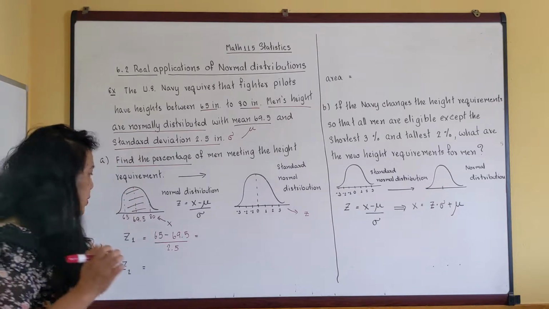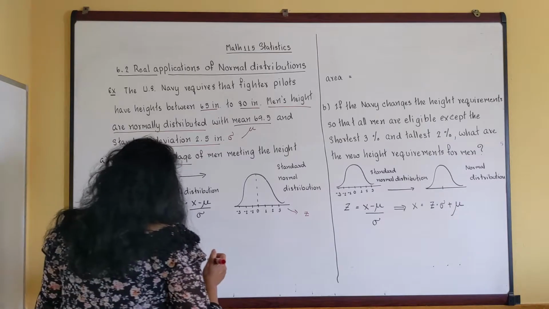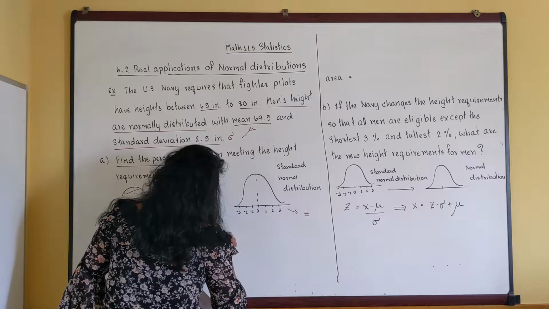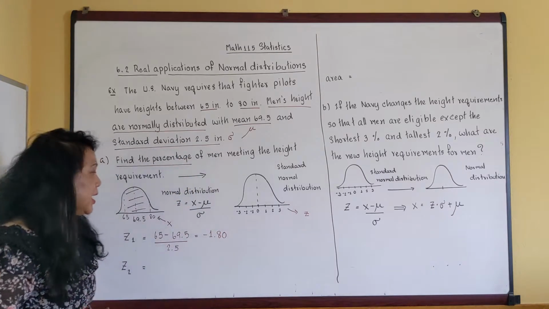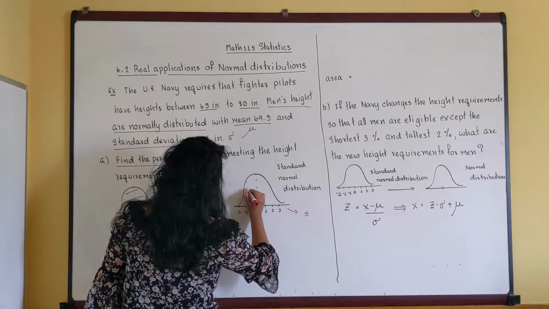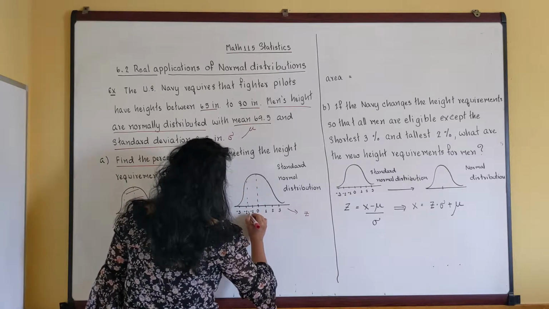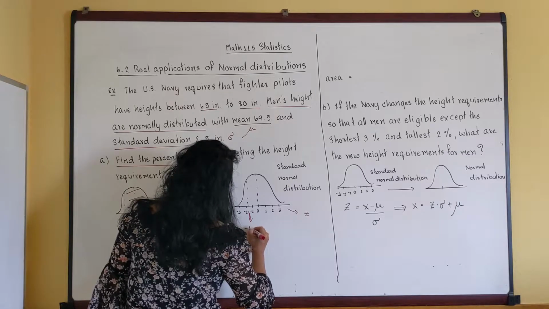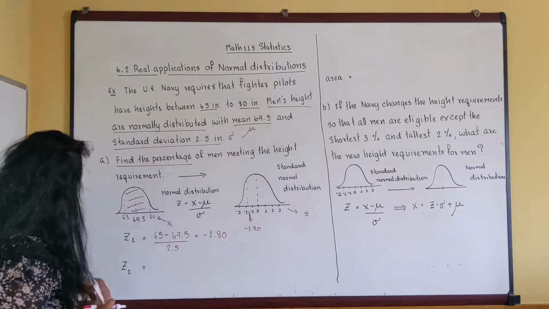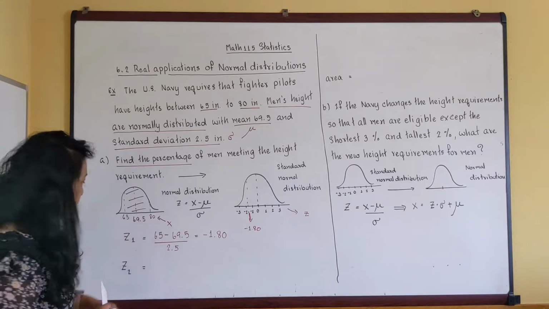So basically you need two decimal places. I calculate this and have -1.80, which is somewhere here, almost -2.